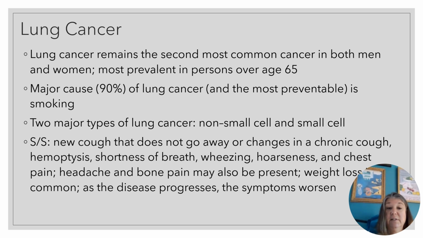Risk for developing lung cancer increases as the number of cigarettes smoked and length of time smoking increases. So the more you smoke, the longer you smoke, the higher your risk, which makes sense. Don't forget to think about the risk of secondhand smoke, occupational pollutants, in particular radon and asbestos.